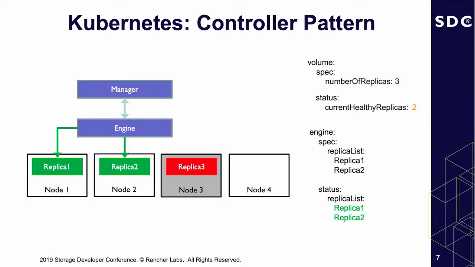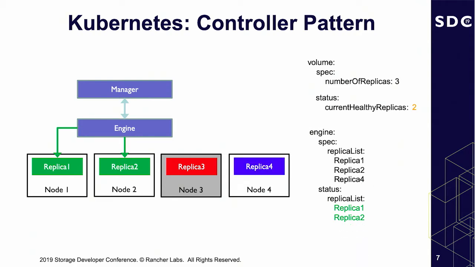Then what the engine will do now is, in fact, what the volume controller did. You see that replica 3 is bad in the engine, so I remove it. So the volume controller removes replica 3 from the replica list inside the engine spec. And of course, the engine will disconnect from replica 3.